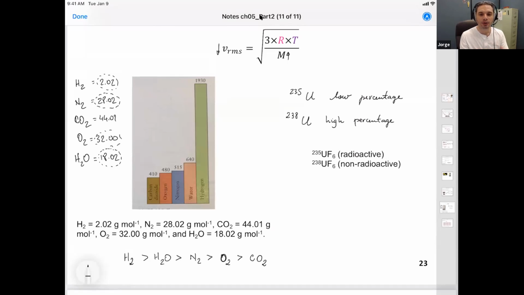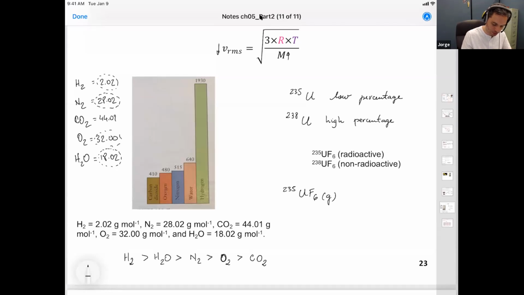One of the methods to increase the concentration of uranium-235 related to uranium-238 is to use the molecular speed to separate the two isotopes. And we are going to use UF6, that's a gas.